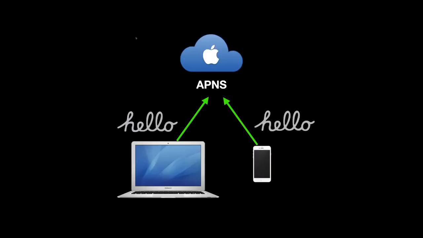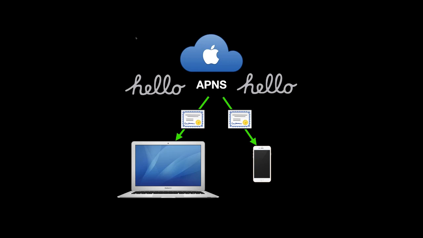So now that the Apple device knows how and where to start talking to APNS, it'll open up a connection and it'll say hello. APNS says hello back and it'll provide a certificate. The device checks the certificate, verifies that it's valid, and that tells the device that APNS can be trusted to communicate with.